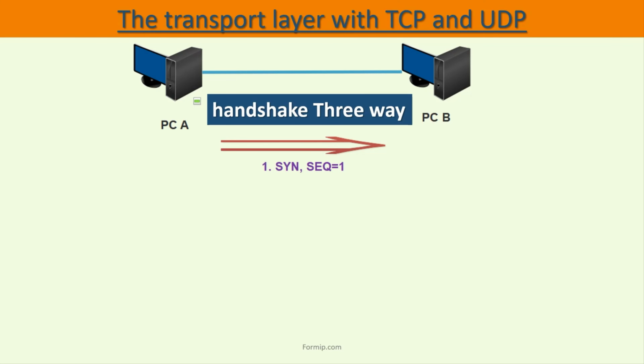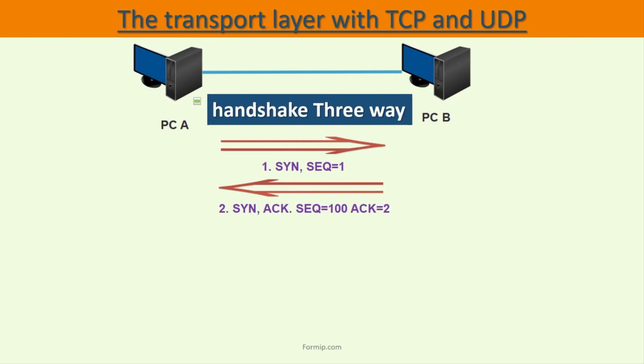In our example, the sequence number, remember this is how TCP keeps track of the order of packets, is 1. Then PC B responds to PC A, sending a message of SYN, ACK, synchronize acknowledge.